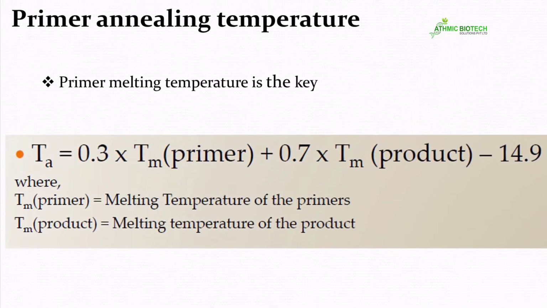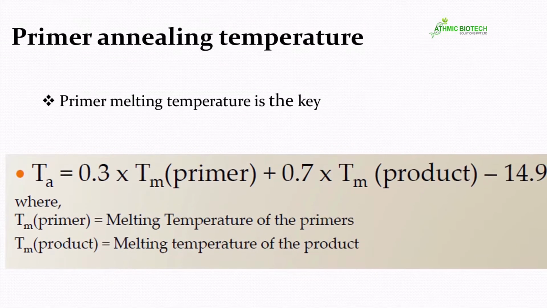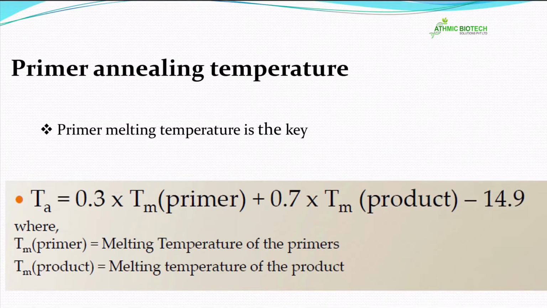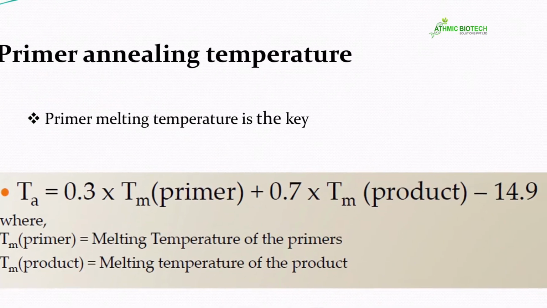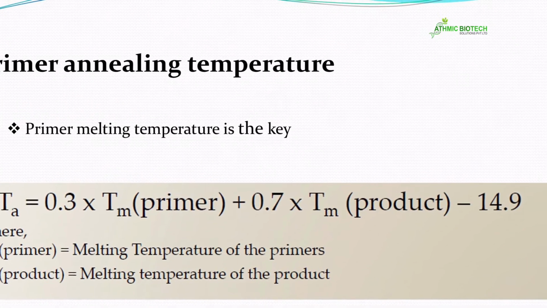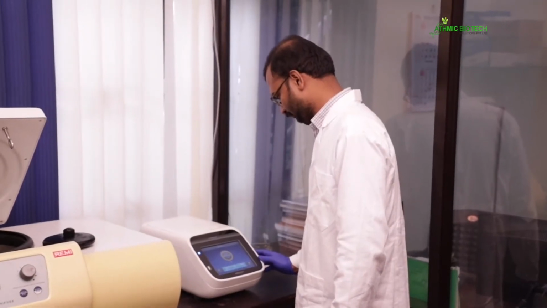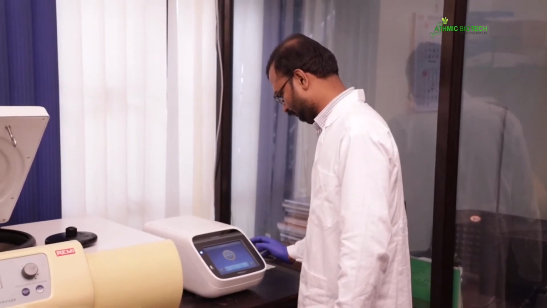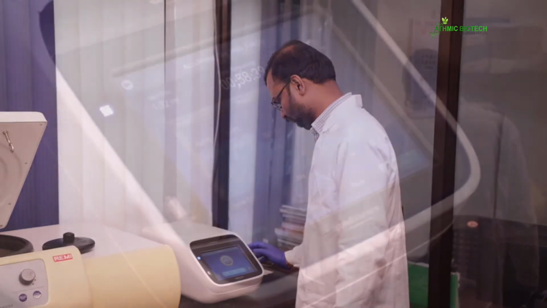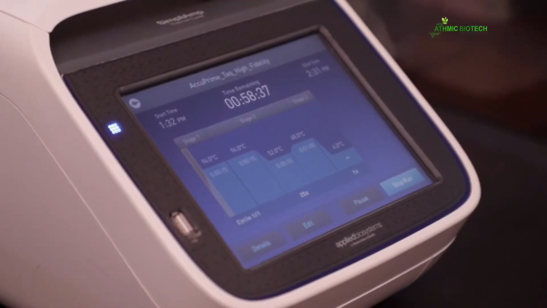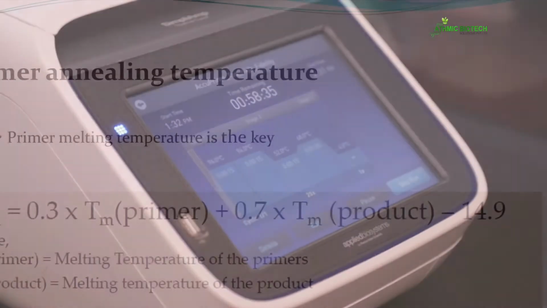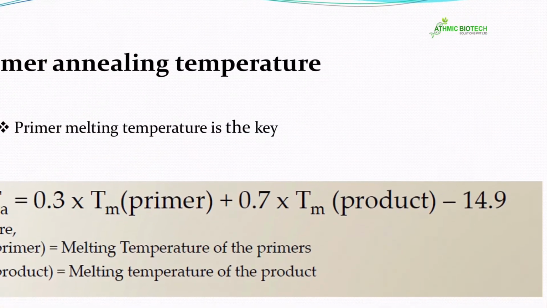Next is primer annealing temperature. In order to calculate the primer annealing temperature, the primer melting temperature is an essential parameter. In the PCR cycle, we have to set the primer annealing temperature accurately. Only then will this primer bind to your target site in your DNA template. This is the equation for calculating the primer annealing temperature.